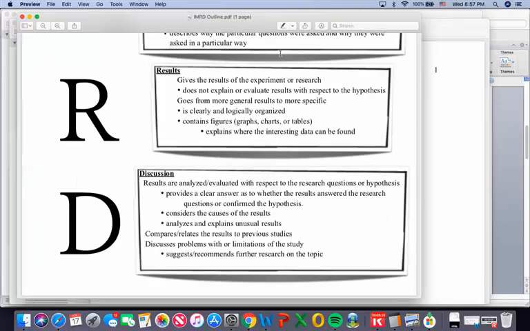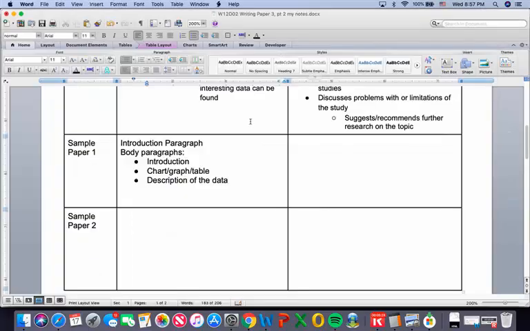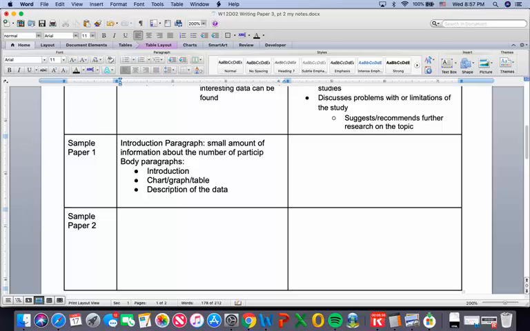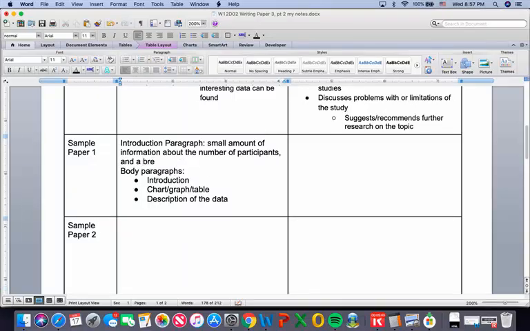So I'm going to go back and make that note about the introduction: a small amount of information about the number of participants and a breakdown of demographics.